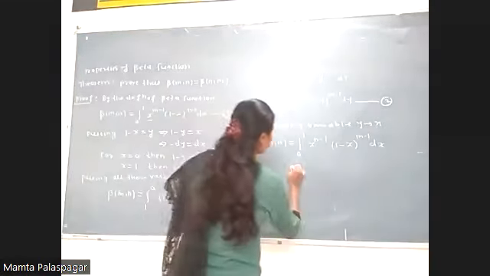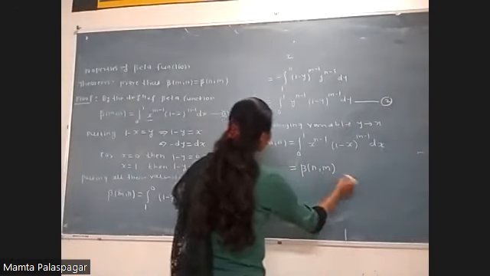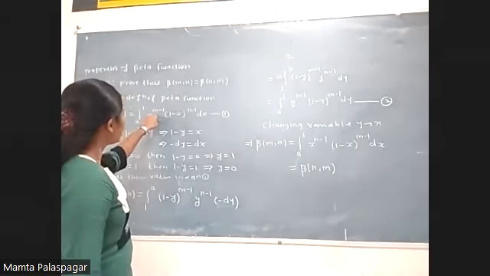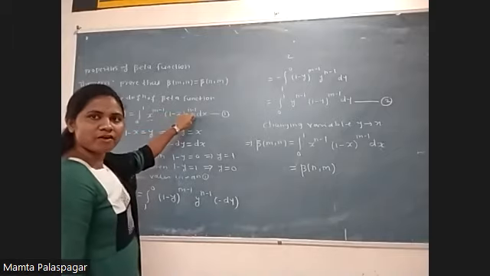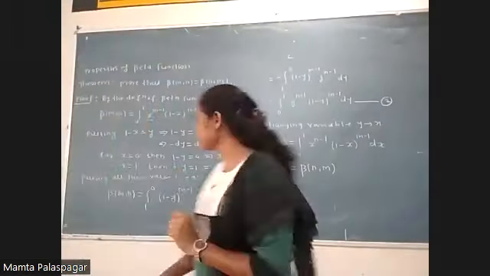So here is the value of beta of m comma n, because here the power of x is equals to m, that's why here is the first term m, and here the power of 1 minus x is n minus 1, that's why we took here the second term as well.